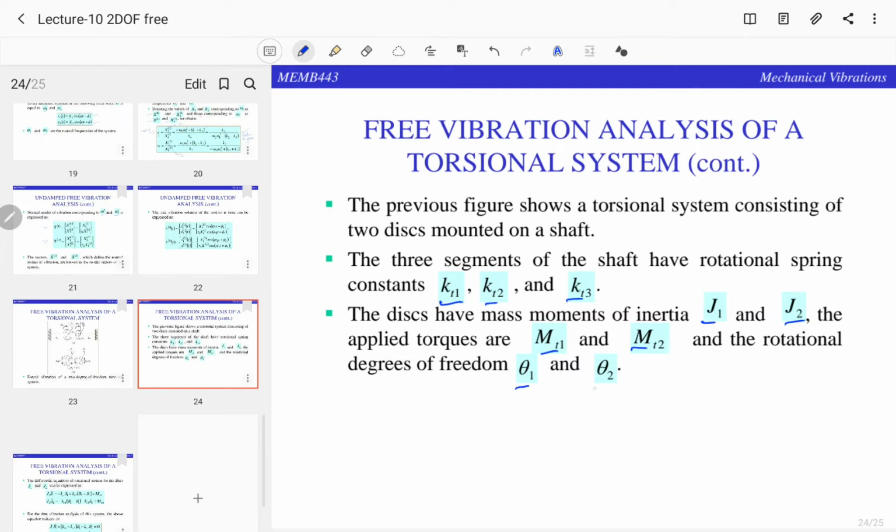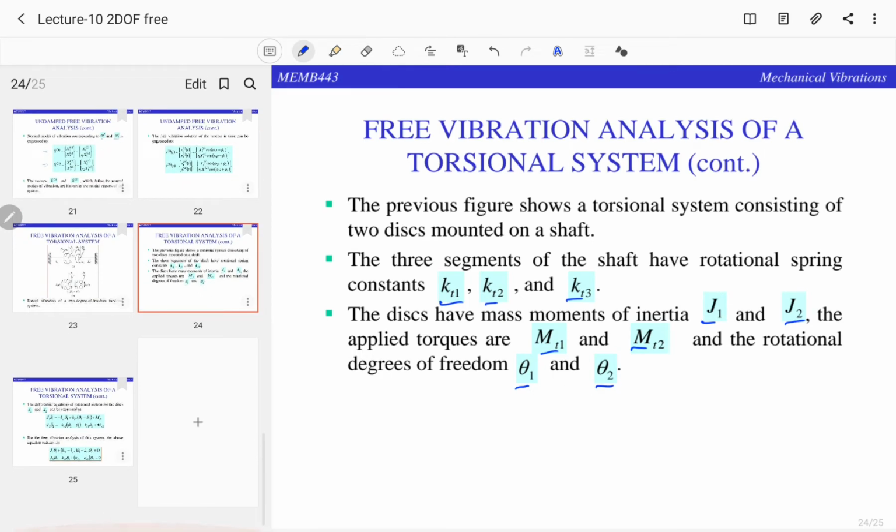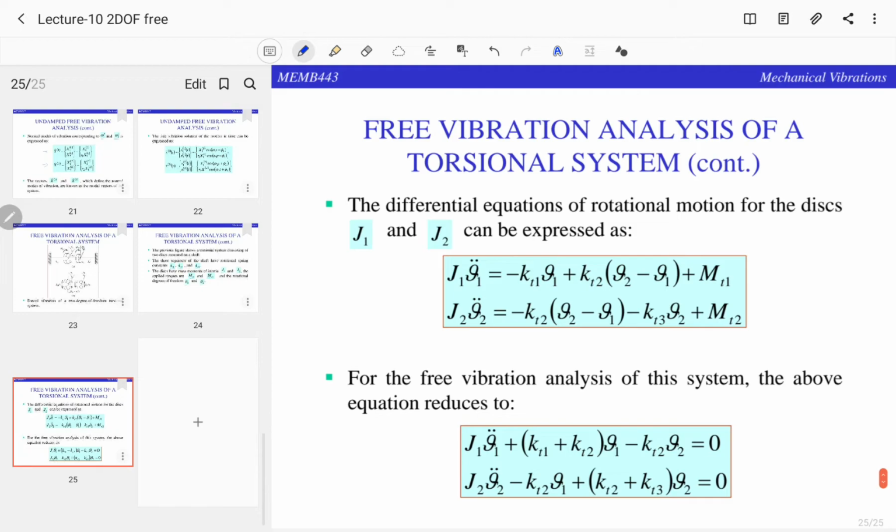Your displacements are called thetas, not X anymore. If you rewrite the equations, you can see that the free vibration analysis of the system is as such. This is the EOM basically.